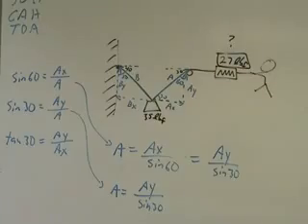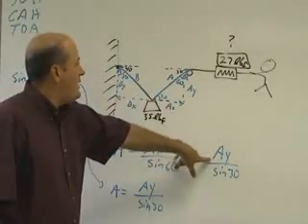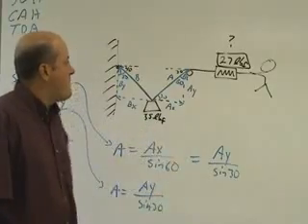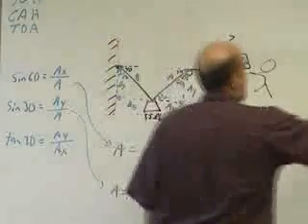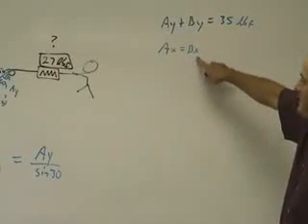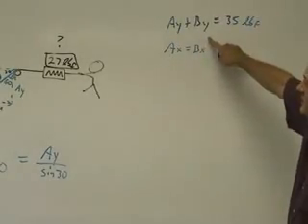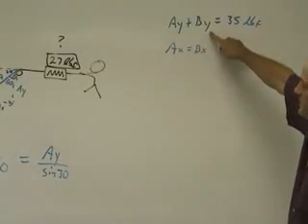This may not be the right approach, but I've got ax equal to ay. So I can write this term here in terms of ay if I like. I can do the same for bx if I wanted, and I could take this by here.